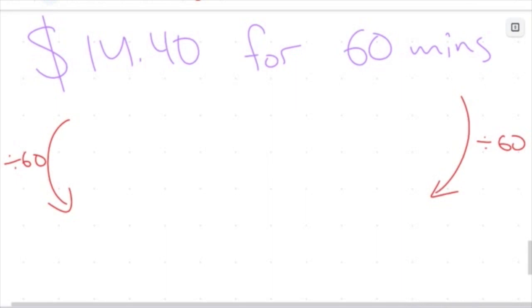That's the main thing we need to understand, because I can't change one thing but not the other, because I can't now say $14.40 for 1 minute. Well, that doesn't make sense, right? We have to divide both by 60 because we're going to be making less than $14.40 for every minute, right? So we're going to be dividing both parts of this.